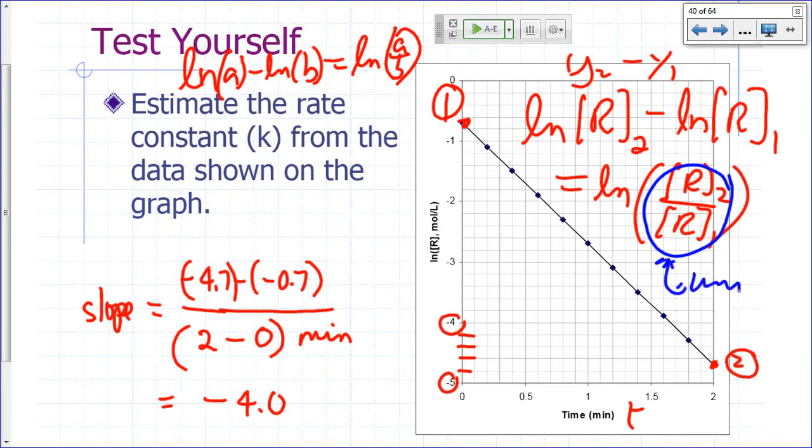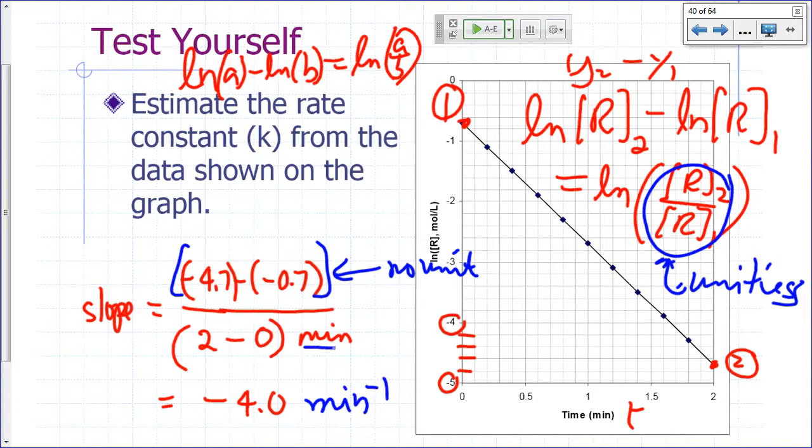So this is unitless. So anytime you plot logs, and when you're calculating changes along that scale, the change along that scale will be unitless. So this is unitless up here, okay? So this number has no unit overall. So the unit for the whole thing for the slope is just negative 4 per minute, since the denominator has a unit of minutes. So that's your slope. So what's your rate constant for this?